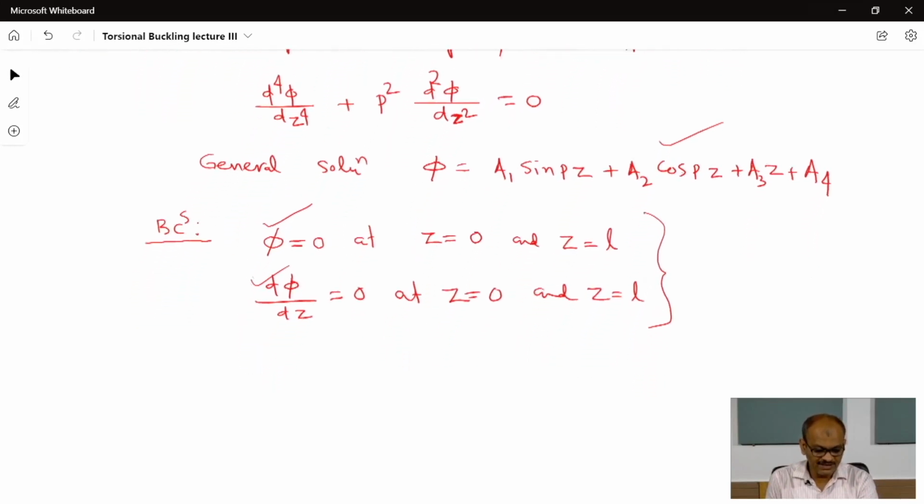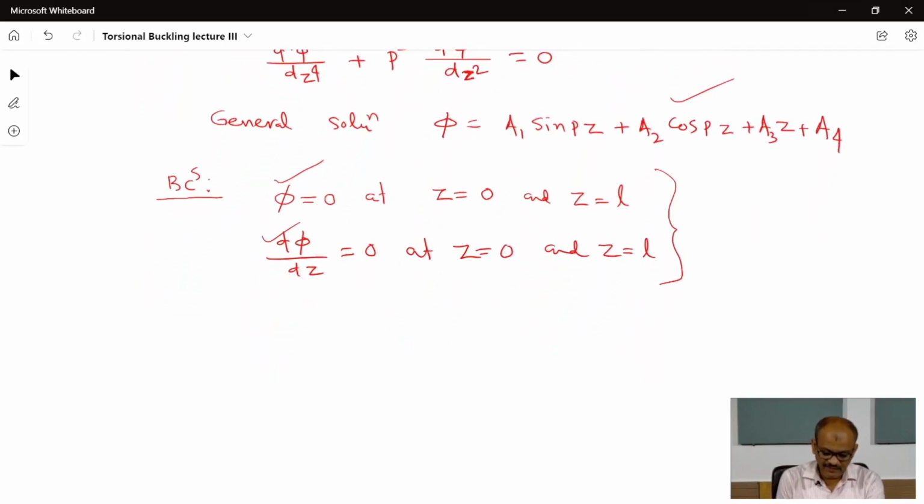Let us first use the condition phi is equal to 0 at z is equal to 0, and we will get the first equation.